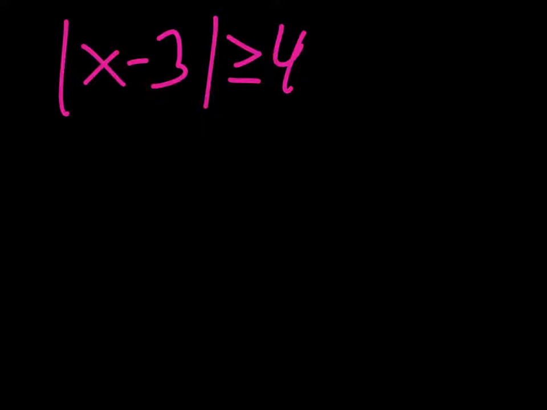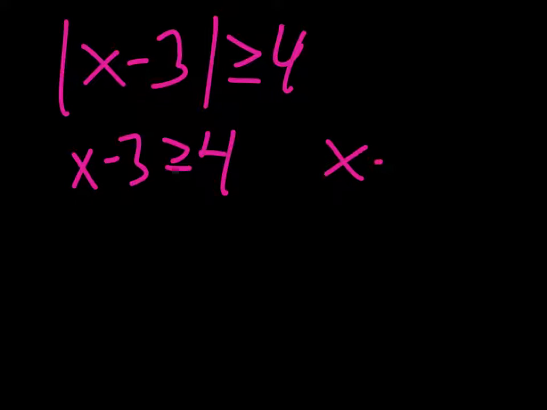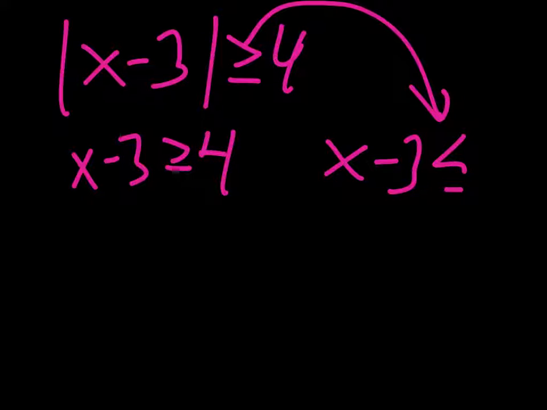Now let's do inequalities. If I have the absolute value of x minus 3 greater than or equal to 4, what I'm going to do is break this up into 2 inequalities, excuse me. x minus 3 is greater than or equal to 4, and x minus 3 is less than, notice we flipped the sign, less than or equal to negative 4.